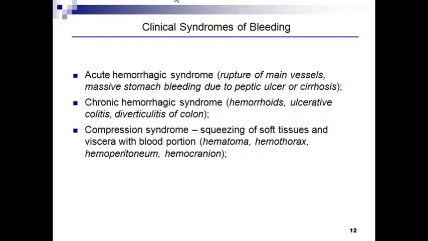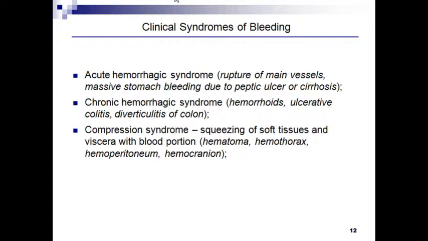And compression syndrome means squeezing of soft tissues and viscera with a blood portion. Due to internal bleeding, there is a lump, an internal additional volume, and the additional volume of blood, the extravasated blood portion, causes squeezing and compression of adjacent organs.